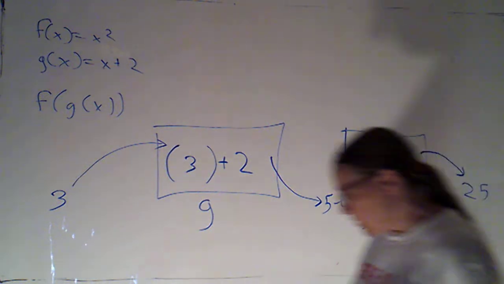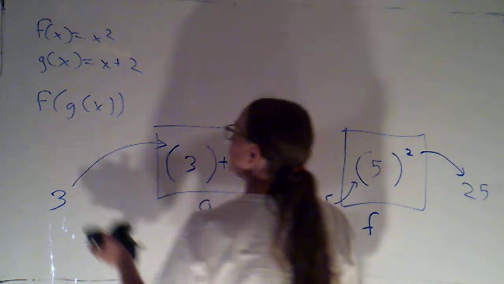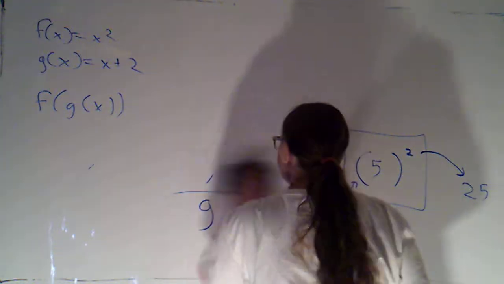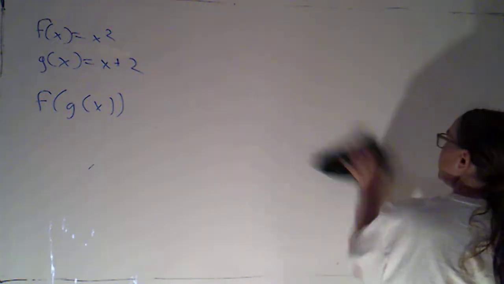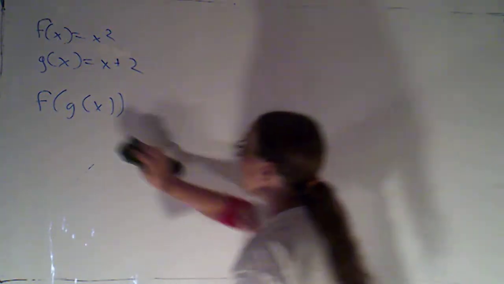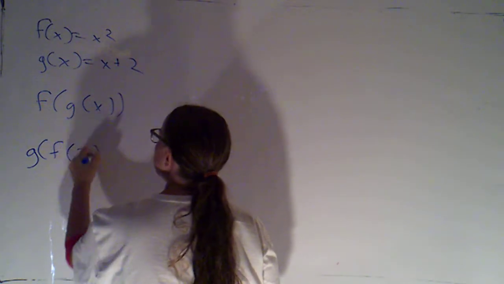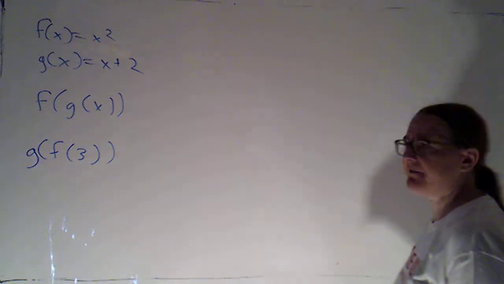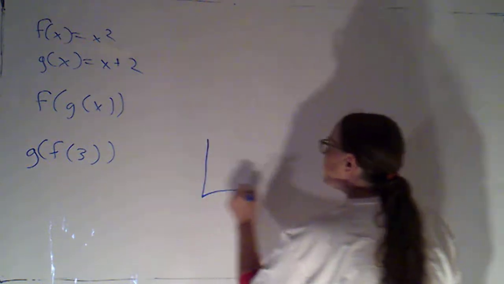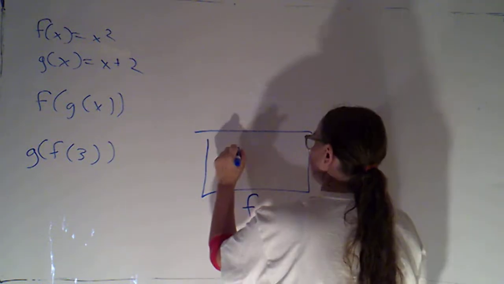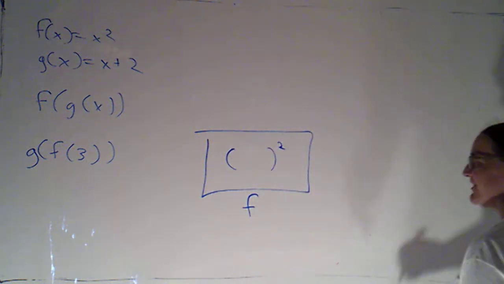Let's just make a note that the order in which we do things makes a difference. Let's say I wanted to do g of f of x. Actually, let's do g of f of 3, since we just did f of g of 3. So, I would be doing the f function first. That's my squaring function.